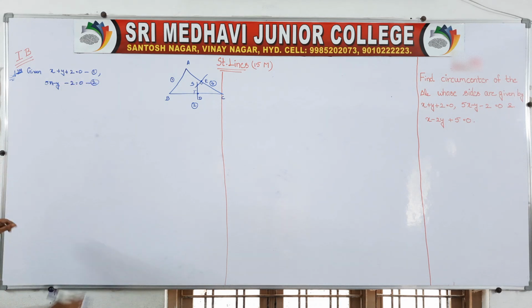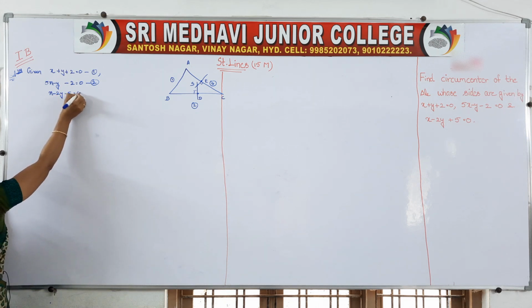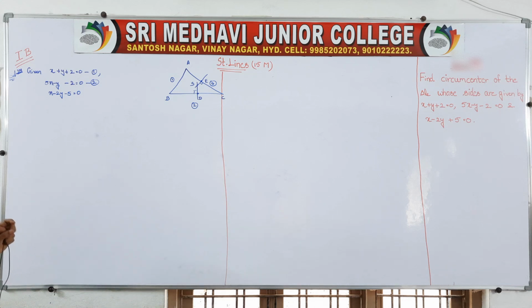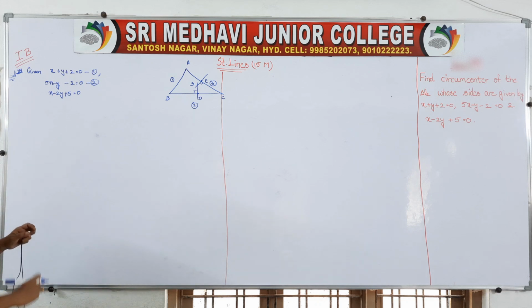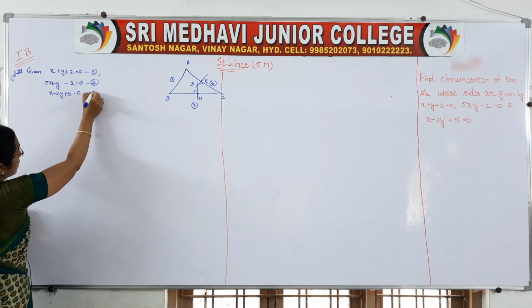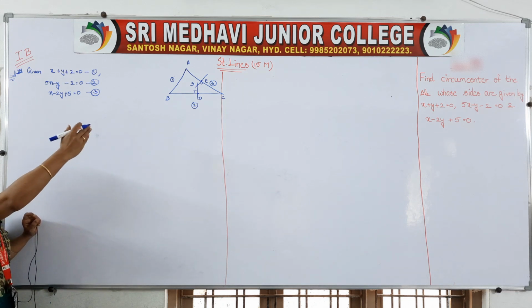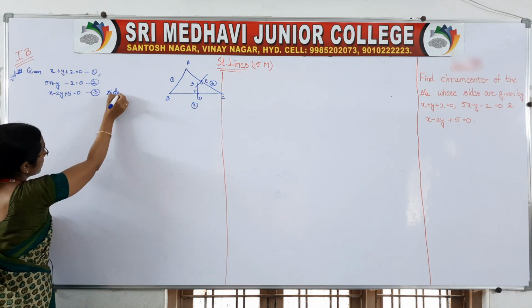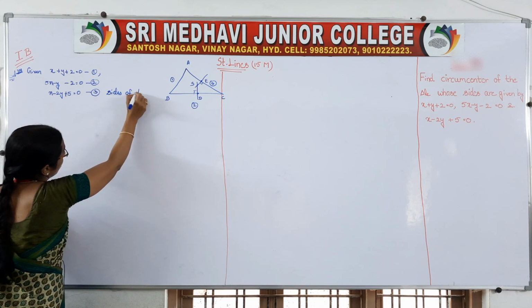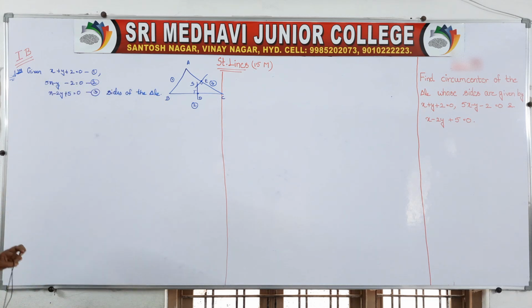And the third line is x minus 2y minus 5 equals 0. Take the values correctly. These are the 3 sides of the triangle.